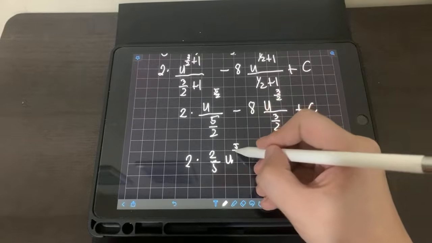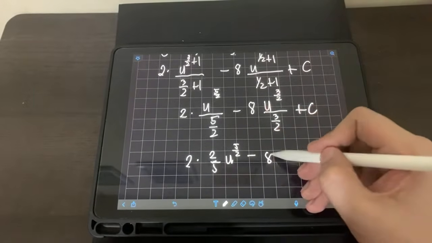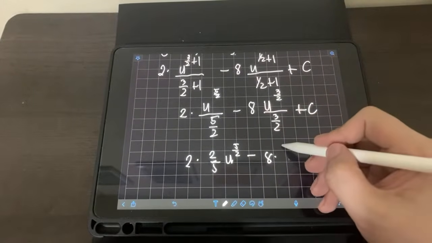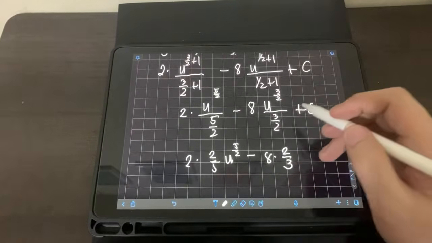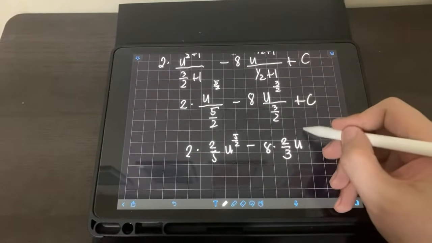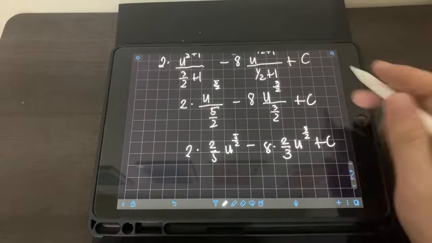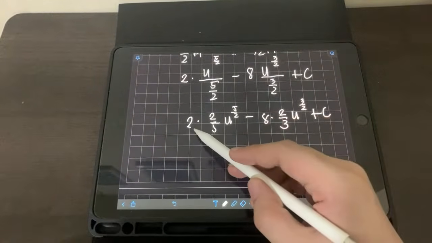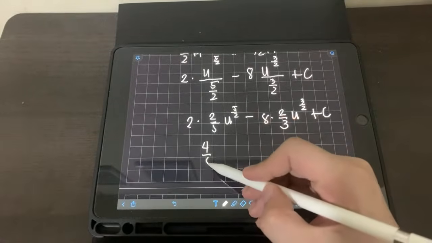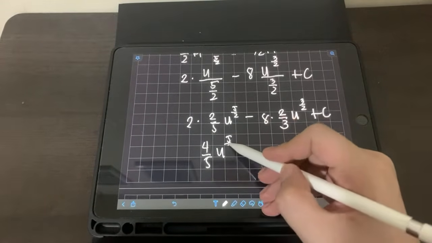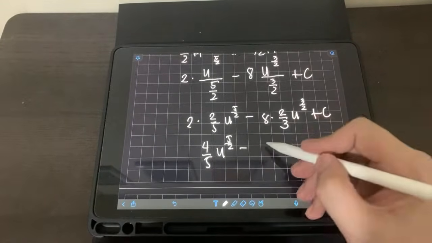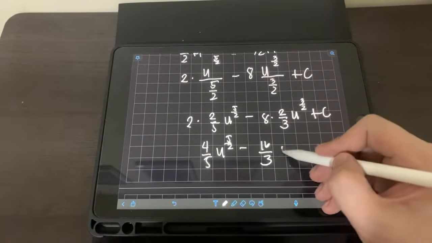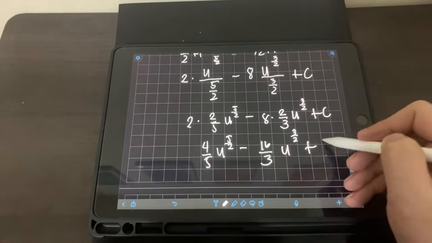U to the 5/2 minus 8, reciprocal of 3/2, 2/3. Okay? U to the 3/2 plus c. Okay, and then, simplify 2 times 2/5, 4/5. U to the 5/2 minus 8 times 2/3, 16 over 3, u to the 3/2 plus c.